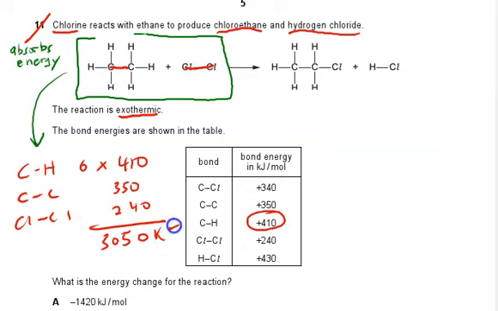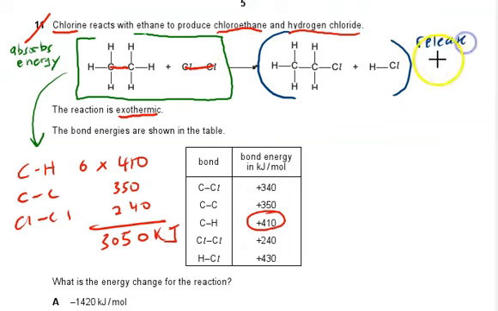Now when they are forming the bonds, the products, they will release the energy to form the bonding. So the same thing happens here. C-H, times 5, 1, 2, 3, 4 and 5. 5 times 410.